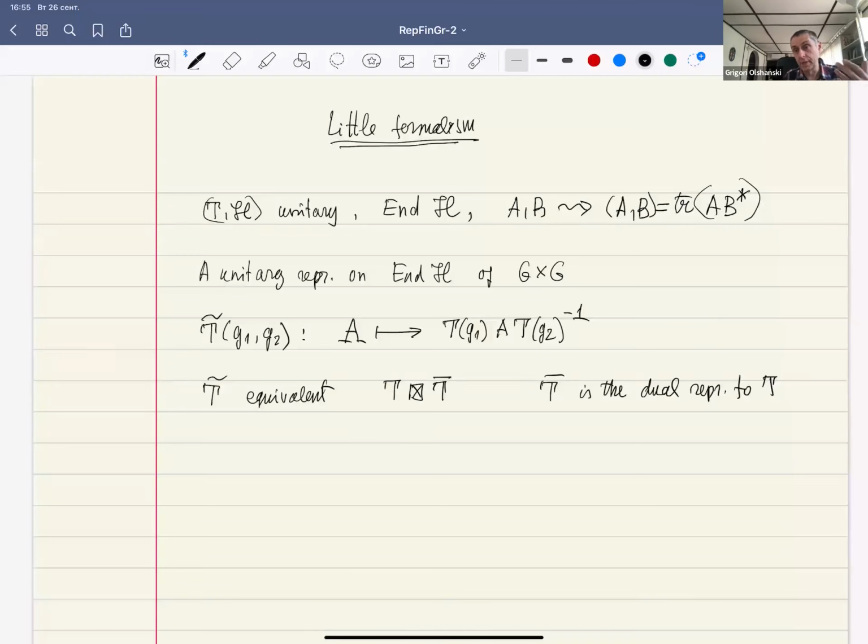If you want to multiply a vector by a scalar lambda, in our new space we have to multiply it by lambda bar.